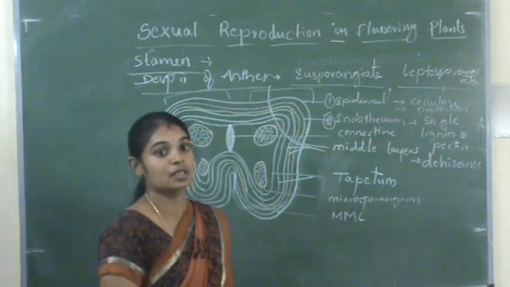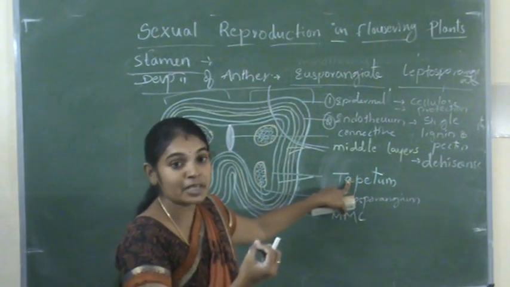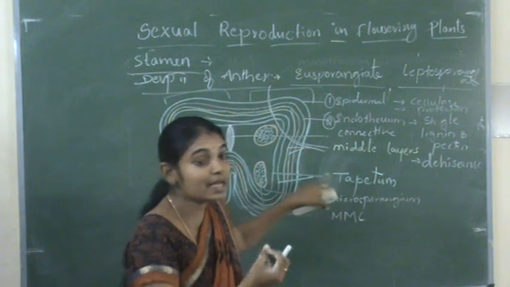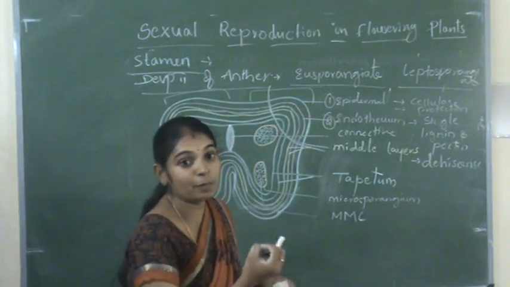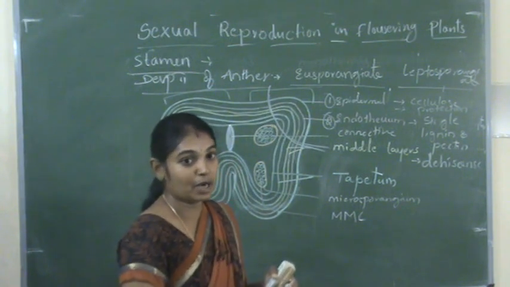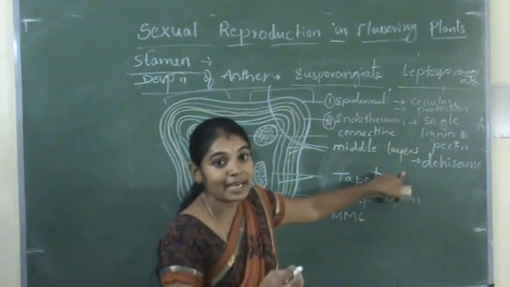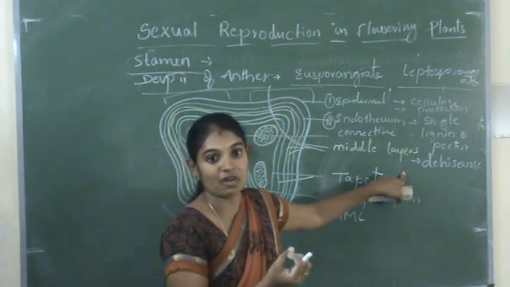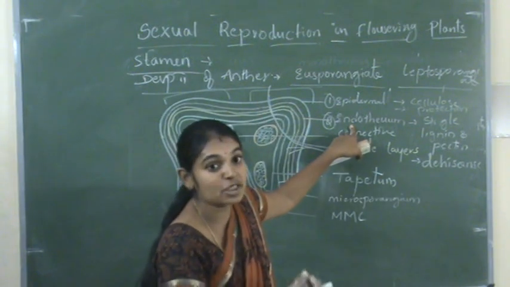Anther dehiscence means that after formation of pollen grains in the microsporangia, these pollen grains have to be released out to reach the stigma. These pollen grains are released by the splitting of anther valves, and the endothecium helps in that splitting.